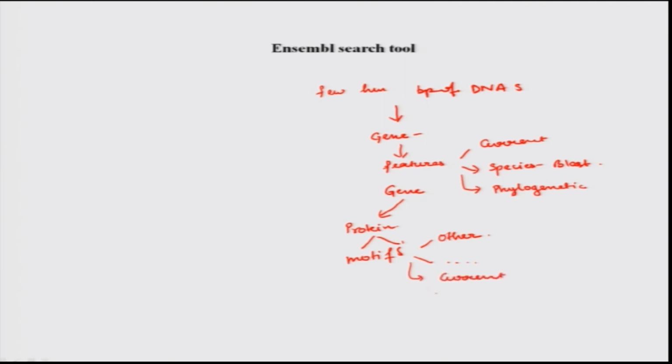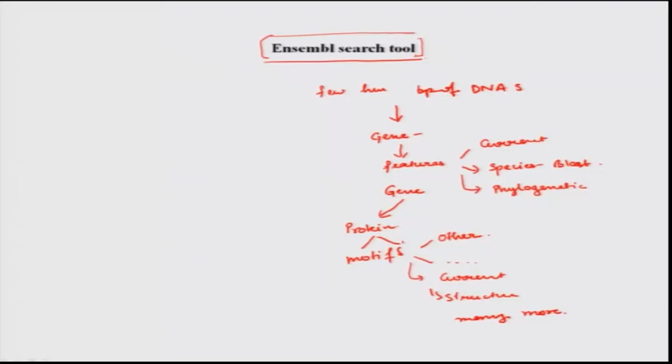You can look into the structure of that protein and many more. So this is the power of bioinformatics and computer science, which has been given to the biologist, that when you have a small sequence, you can search it against all the databases present.